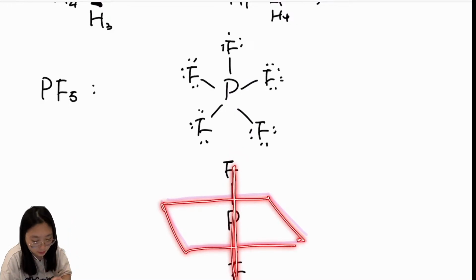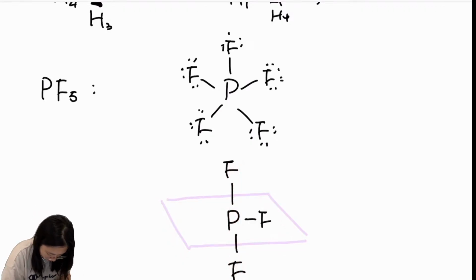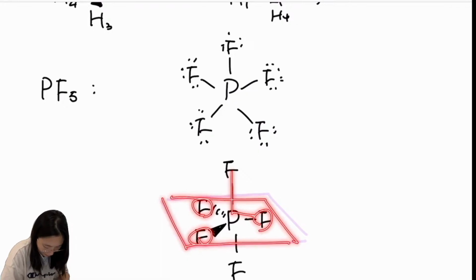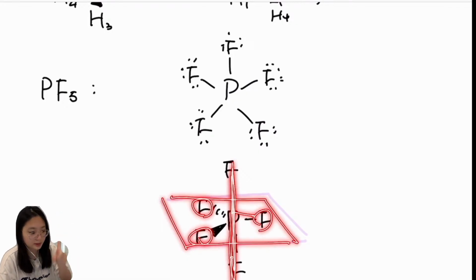On this horizontal plane, the phosphorus has 3 more bonds, 1, 2, 3. The bond angle here is 90 degrees because all of these 3 are on this horizontal plane, while this bond is vertical.